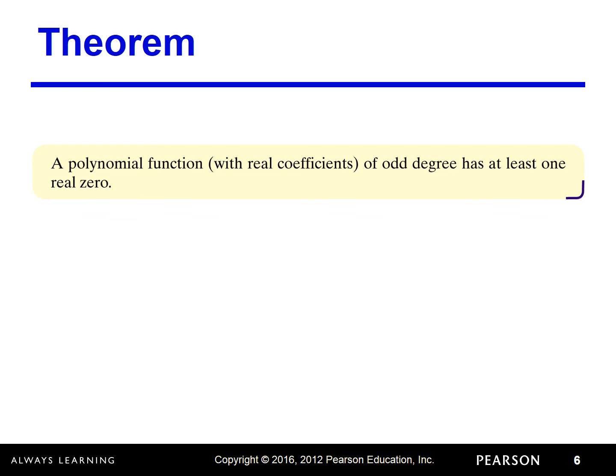And one more theorem we'll throw in here from Sullivan. A polynomial function with real coefficients of odd degree has at least one real zero.